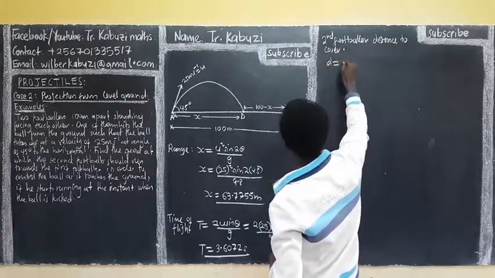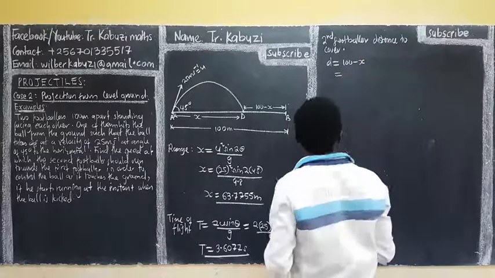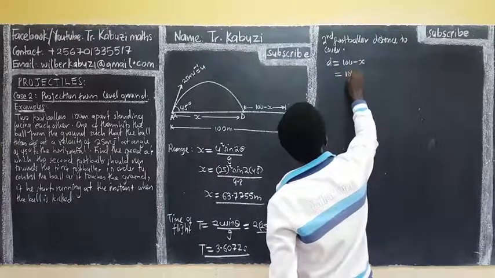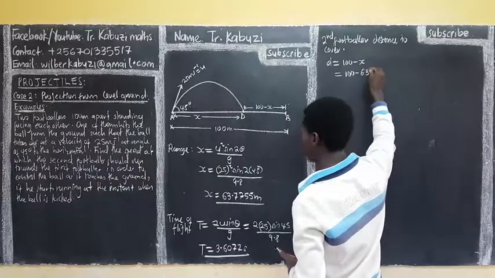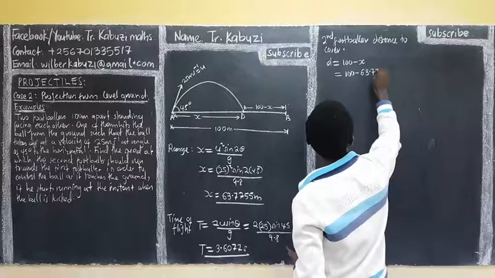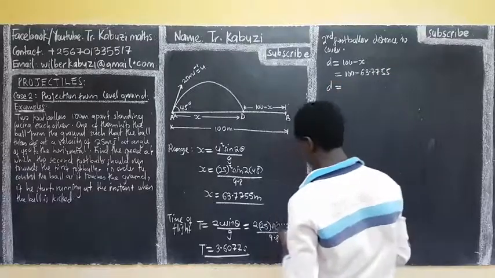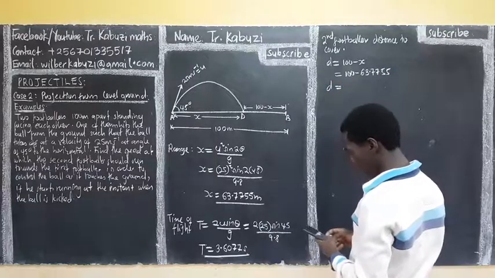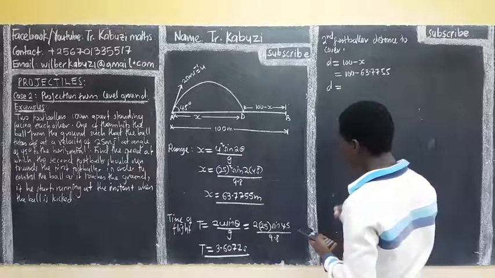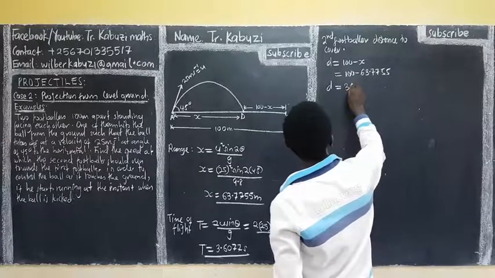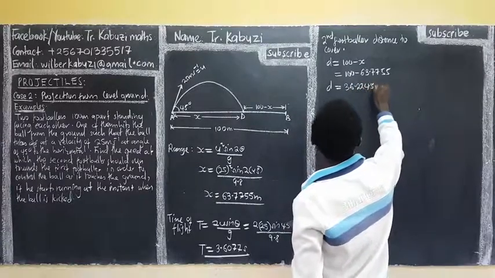Our d here is going to be 100 minus x, which is 100 minus 63.7755, and so this distance is going to be 36.2245 meters.